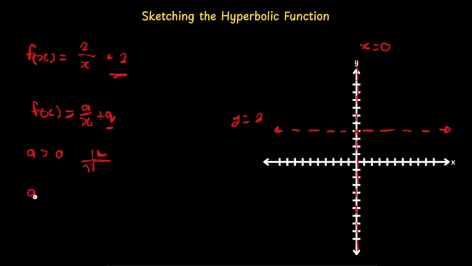When a is less than 0 or negative, the function would lie in the second and the fourth quadrant. Now in this case, a is positive, it is positive 2, so we know that it is going to lie in the first and third quadrant. So we can simply draw in the shape of the function.